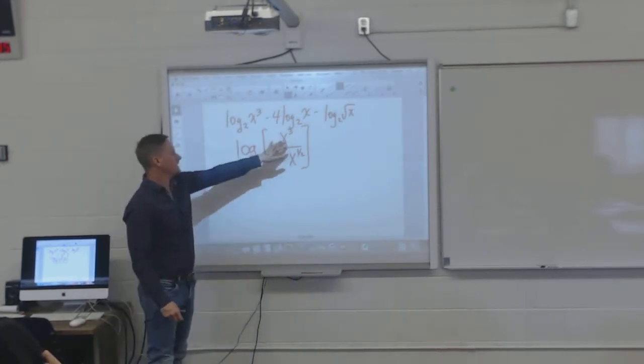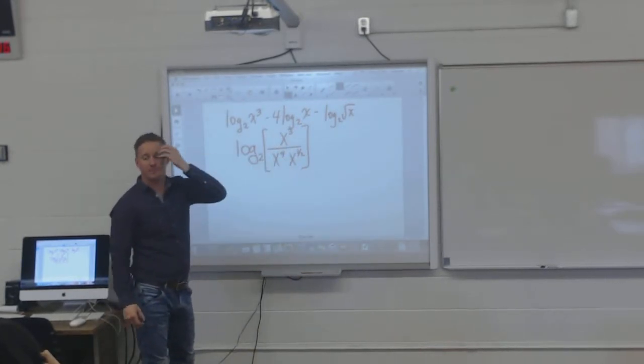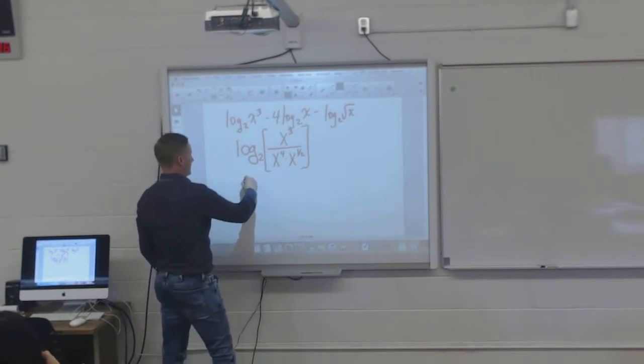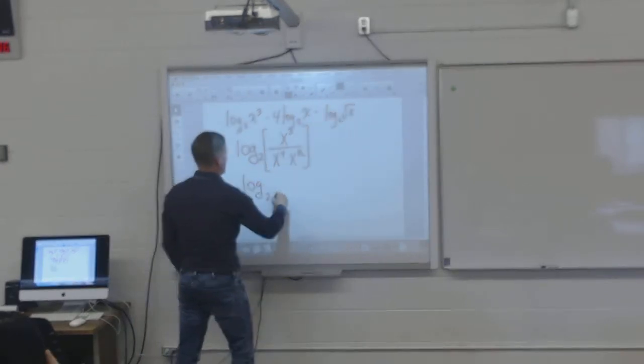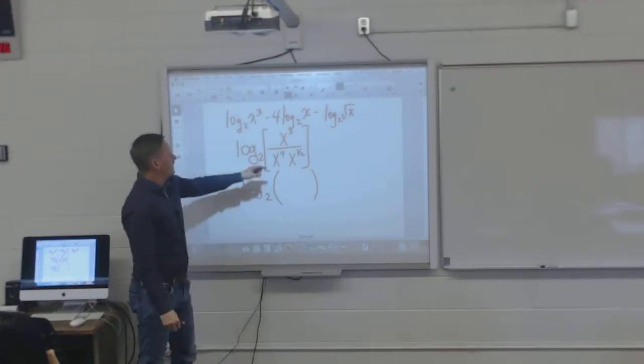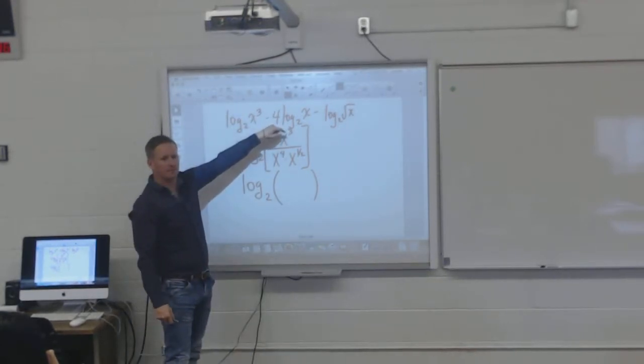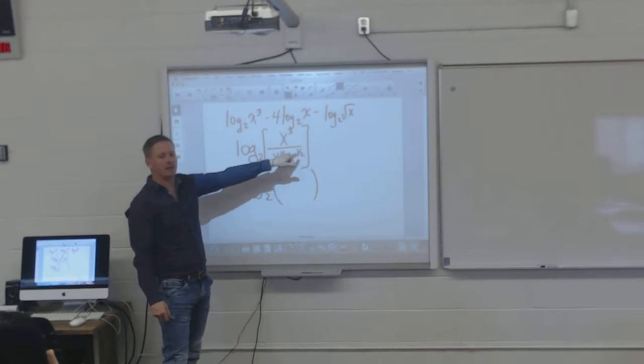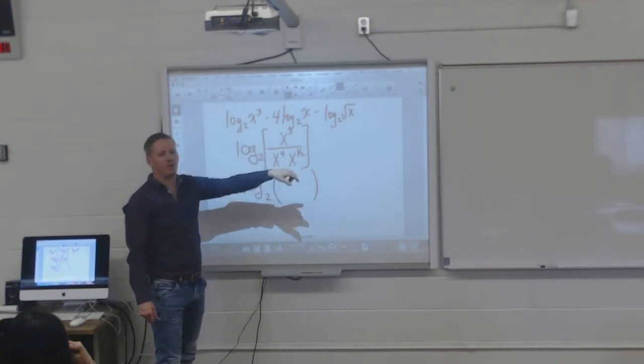Okay, because they're all x's, now I want to fiddle with the exponents here. So I've got log base 2, bracket, x to the third. On the bottom here I have 4.5. What's 3 subtract 4.5?